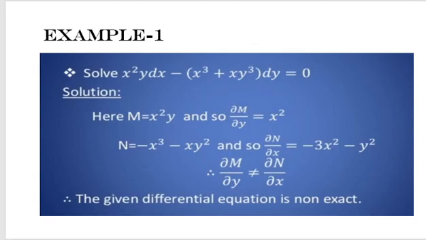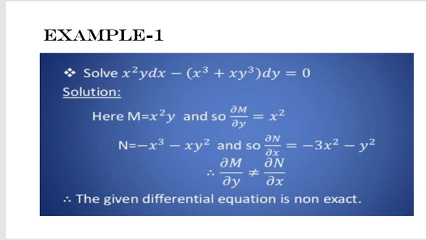N is −(x³ + xy³), that means −x³ − xy³. Therefore, ∂N/∂x, that means when N is partially differentiated with respect to x, you get −3x² − y³. It's y³, not x²y².